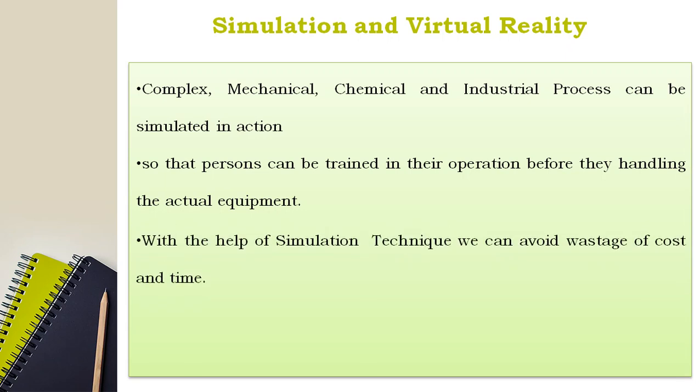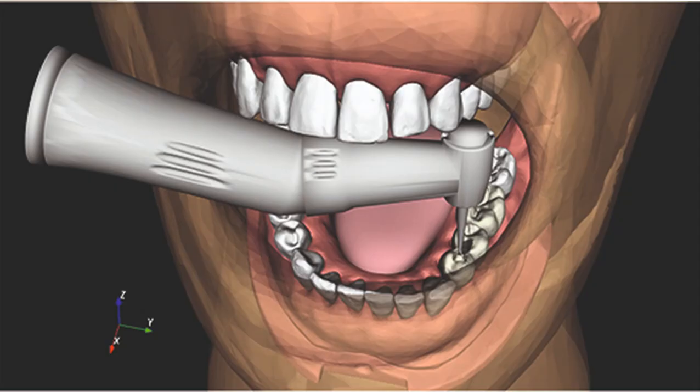With the help of simulation technique, we can avoid wastage of cost and time. It's one of the beautiful examples of how a dentist learns to treat a patient before actually proceeding with it. These are the picturization of simulation technique.